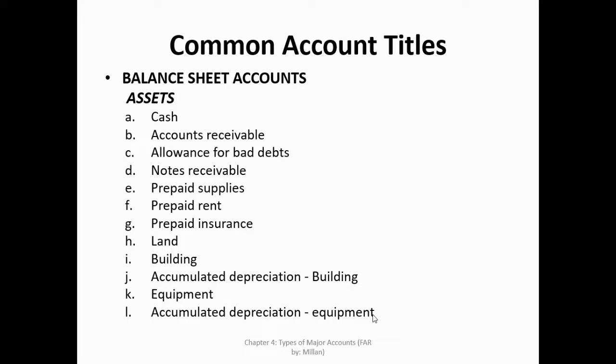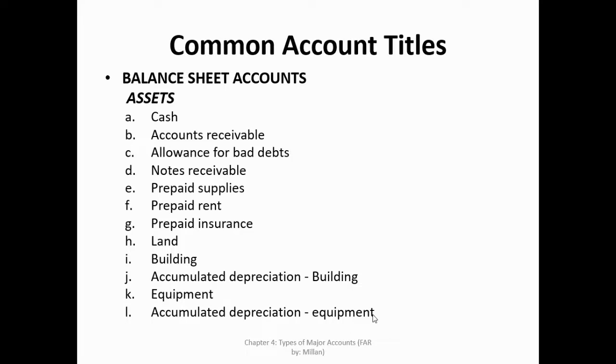Equipment. There are different kinds of equipment. Equipment consists of various assets such as machineries and other factory equipment, and transportation equipment. These are the vehicles, delivery trucks, ganyan. Office equipment. These are the desks, cabinets, chairs, computer equipment, the server, the personal computers and laptops, and the furnitures and fixtures. These are the desks, cabinets, and movable partitions.